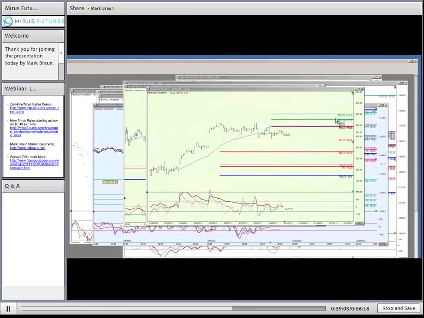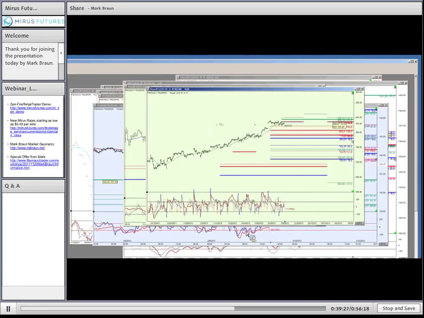Okay, so we're looking at this resistance to hopefully break if you want to see the upside target, 835. Even the 45-minute swings are getting smaller and smaller. I was writing in my report this morning that it makes me think we're due for a deeper pullback at some point.